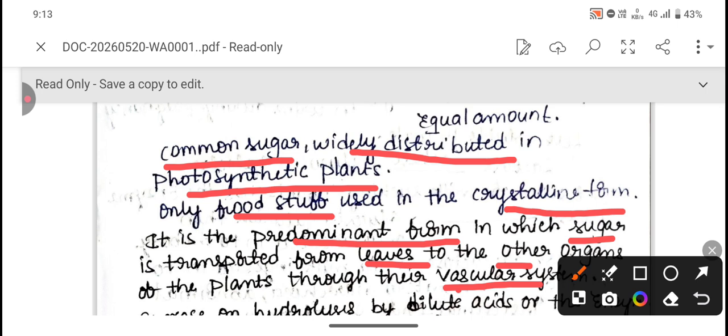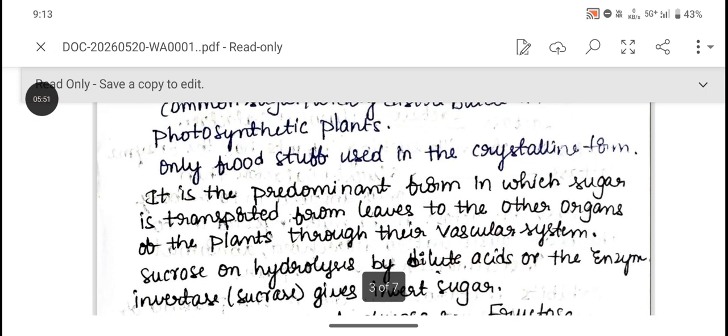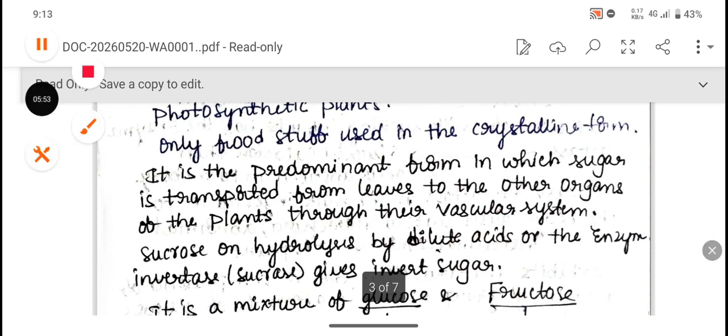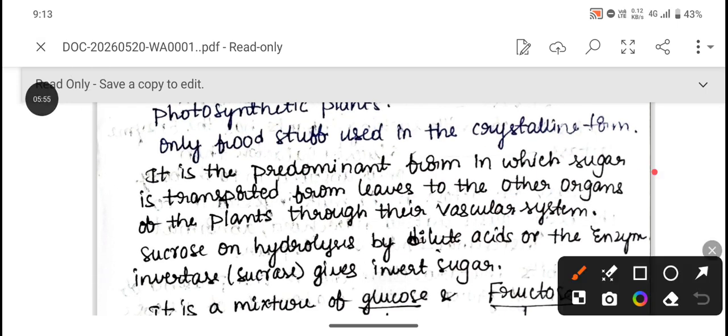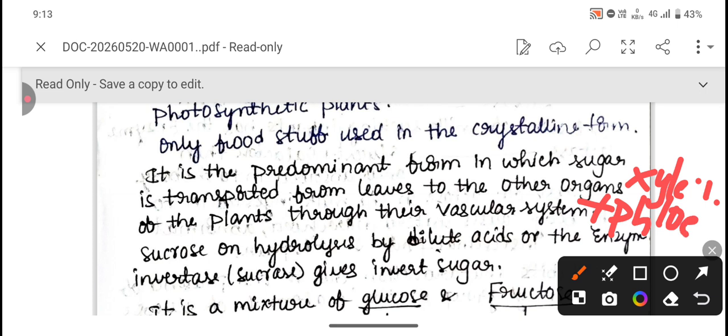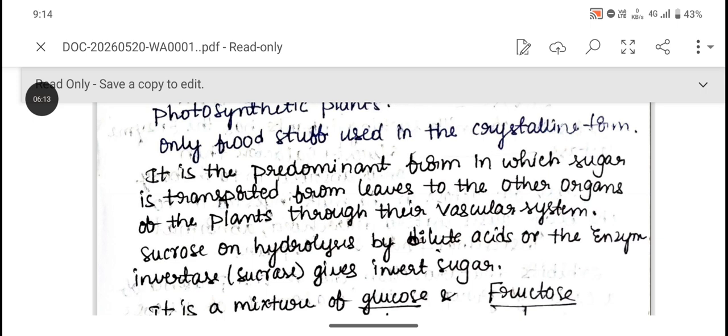What is the vascular system? The vascular system consists of vascular bundles, which are formed by the tissues known as xylem and phloem. Together these form the vascular system, and through it sucrose is transported to the other parts of the plant.